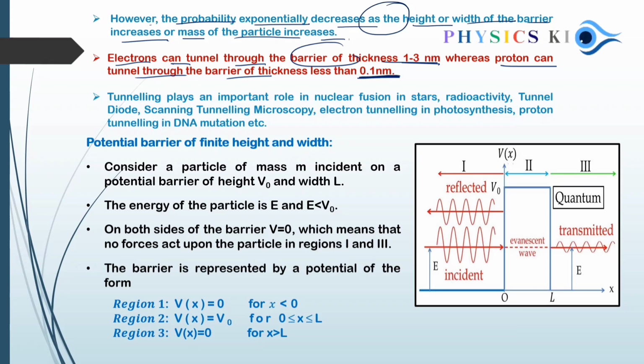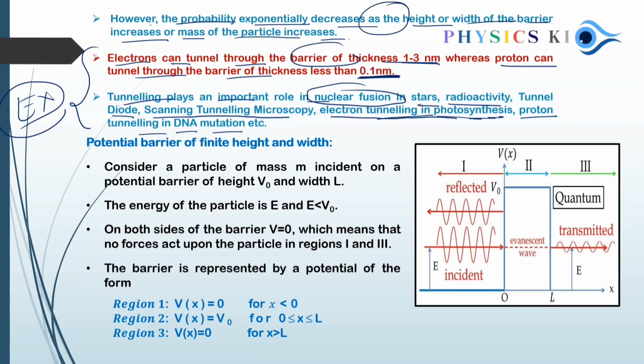Another example: tunneling plays an important role in nuclear fission, in stars, radioactivity, tunnel diode, scanning tunneling microscopy, inner electron tunneling in photosynthesis, proton tunneling in DNA mutation. So these are the examples of quantum tunneling.